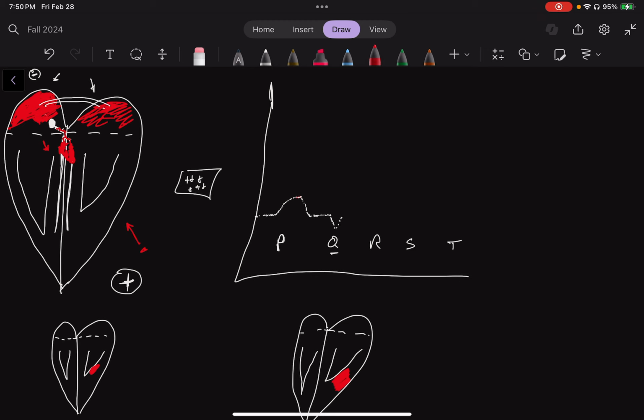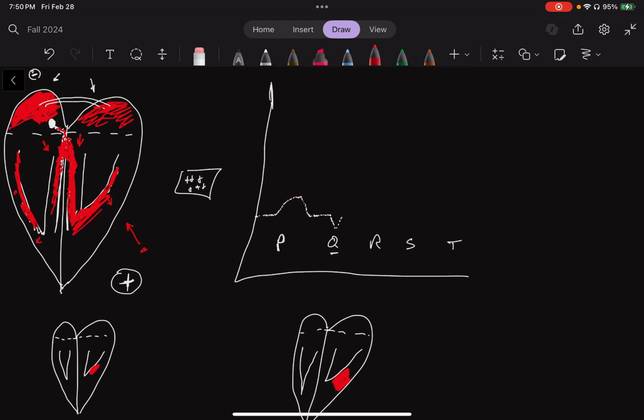Great. Now, this continues. The bundle branches continue to depolarize. And then you have the Purkinje fibers that are wrapping around the ventricle. And so what happens is you have a bunch of negative charge going down this way, and then the Purkinje fibers pull it up this way, and the endocardium here gets depolarized first, and then sends it down.